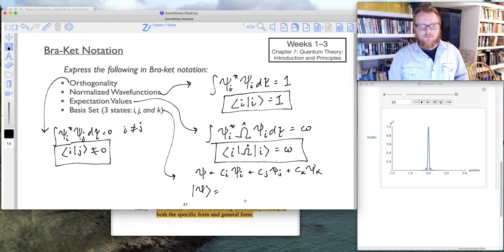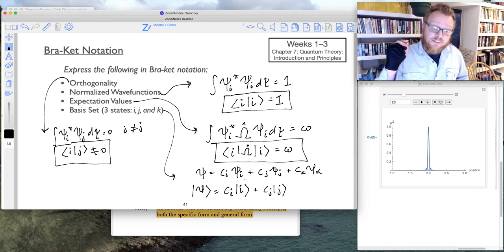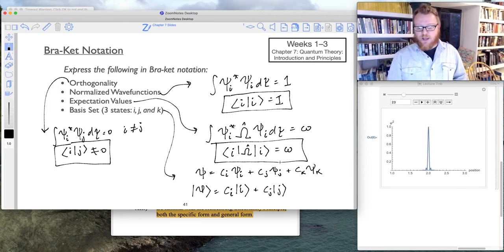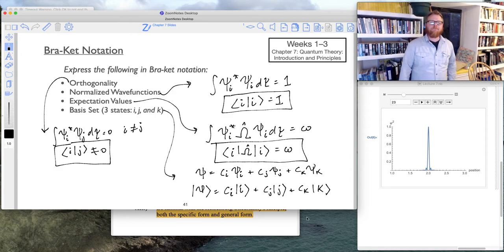Now I'm going to say that's this constant, c i, times the wave function of i, plus this constant of state j times the wave function of j. And notice I'm just putting j in the ket because, since I've put it in the ket, it tells me it has to be a wave function. And then finally plus c k times some state k.